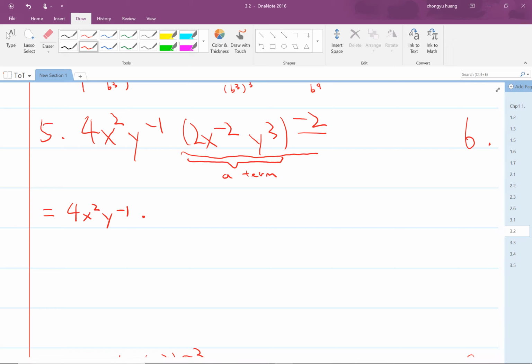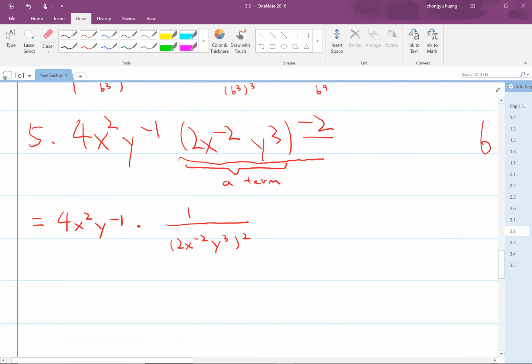So right away you should know it's going to be 1 over 2x to the power negative 2, y to the power 3, squared. You see this 2x to the power negative 2, y to the power 3 as a term, so it just becomes this.